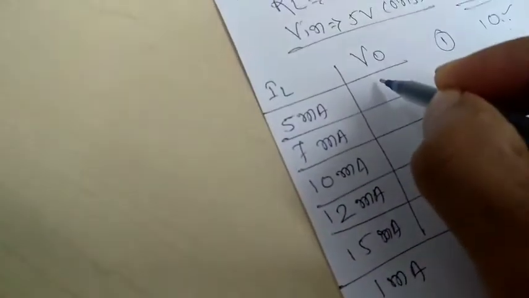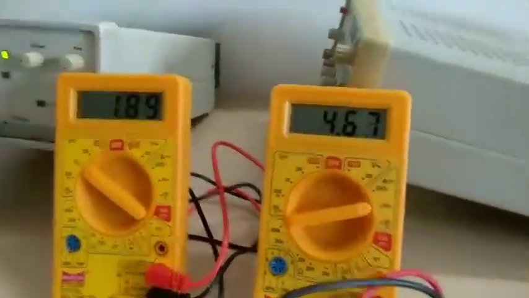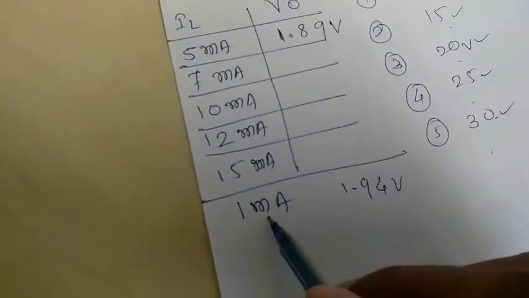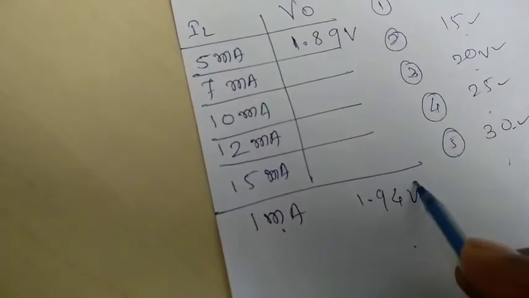So we just note down here for 5 milliampere, we are getting 1.89 volt as an output voltage. So I note down for 1 milliampere we are getting 1.94, and for 5 milliampere we are getting 1.89.